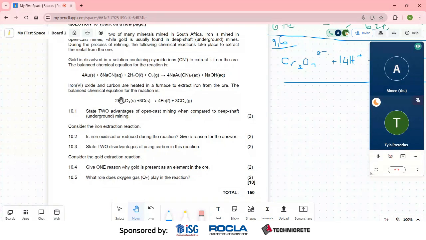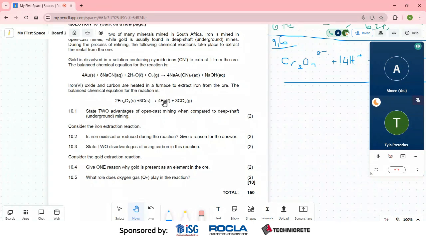So whatever the charge is on this Fe needs to counteract the charge of this one to give us an overall charge of 0, because you can see that this is a neutral compound. There's no charge in the top right hand corner, which means that the iron here is positive 6, and it's going from being positive 6 to being 0 over here.